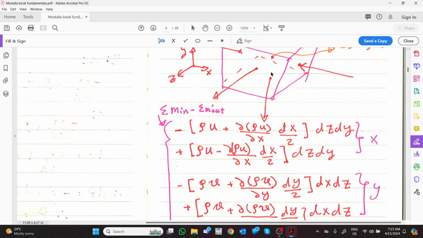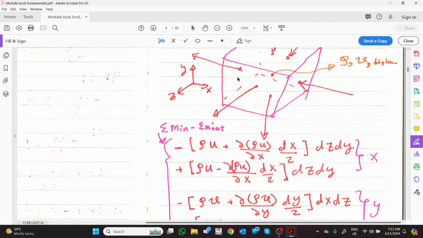Plus the rate of change, because I am referring to it in the increase of x by the distance dx by 2. Forget also the plus and the minus, we're going to discuss it later. Same, I have one point here, u in this direction. I needed to refer to this direction in opposite of x, so it will be rho u here minus del rho u by del x times the distance, dz dy, the area.